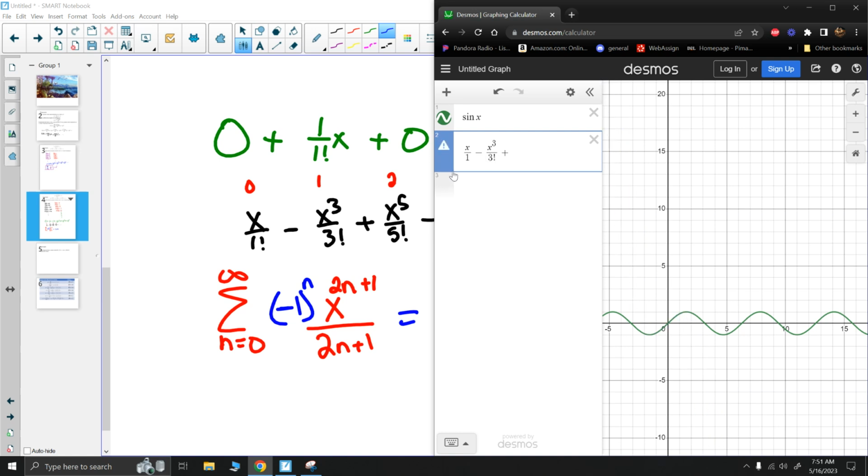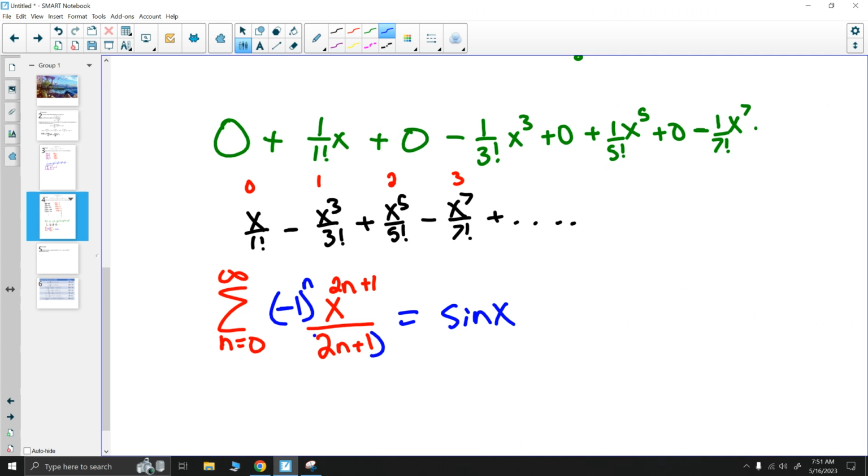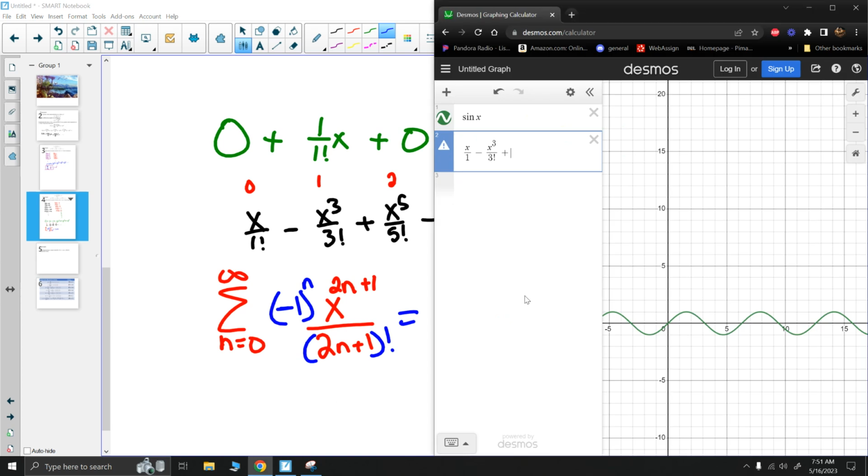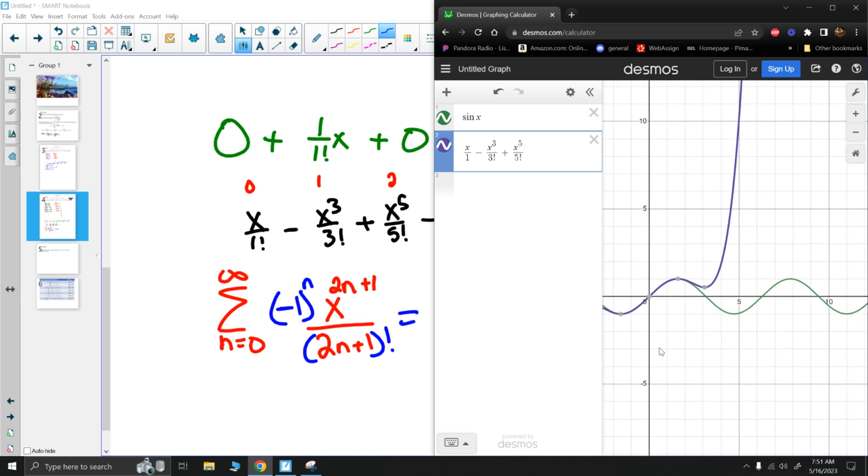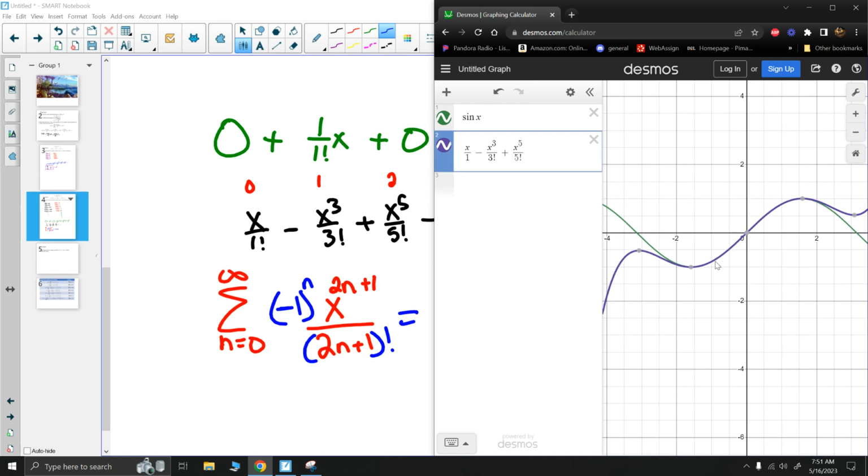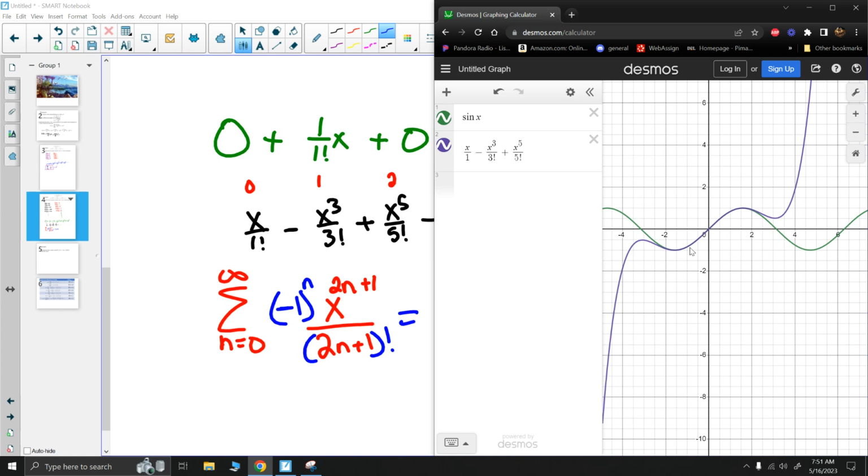Oh, that's what I forgot to write on my series, sorry. Factorial. Okay, so that's better. Plus x to the 5th over 5 factorial. If you notice, looking here, that's looking pretty darn good. It's really, really close to that thing.